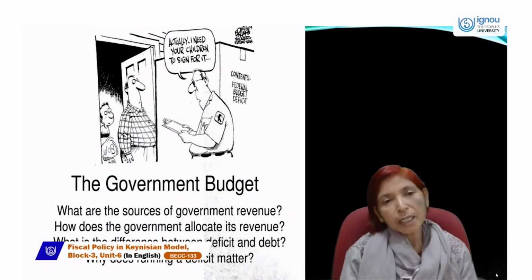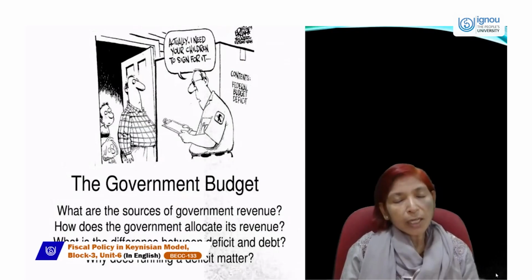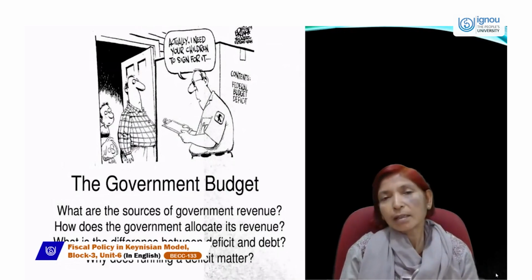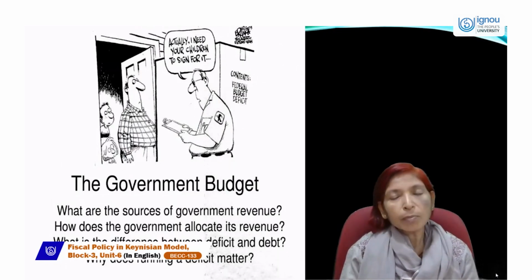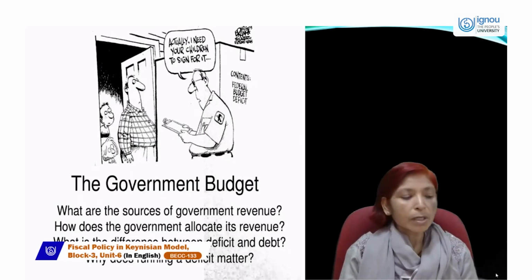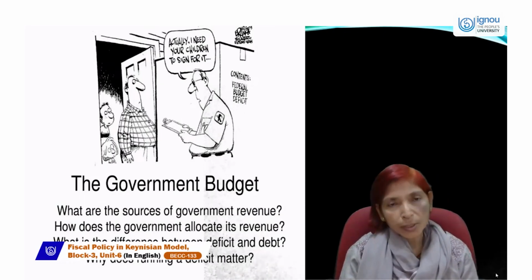The government spends this money for the development of the country, and if in any case public expenditures are more than public revenue, then the government can take borrowings from internal sources as well as external sources. That is called public debt. Public debt is a very broad concept in which both internal and external borrowings are included.